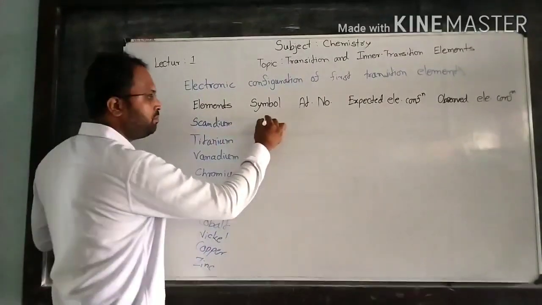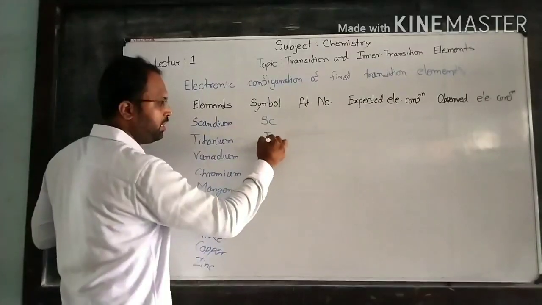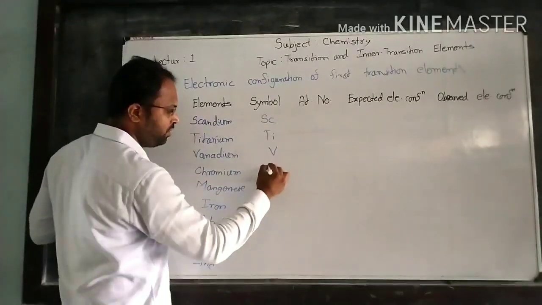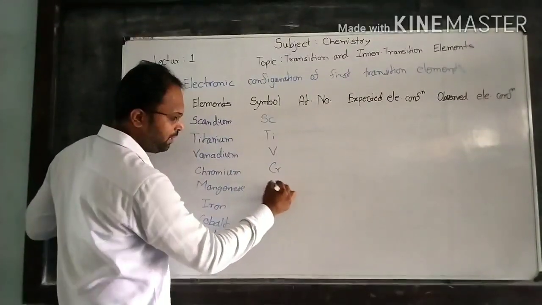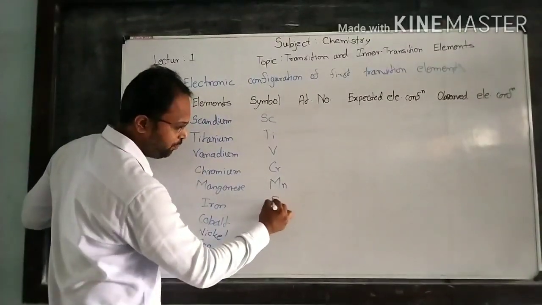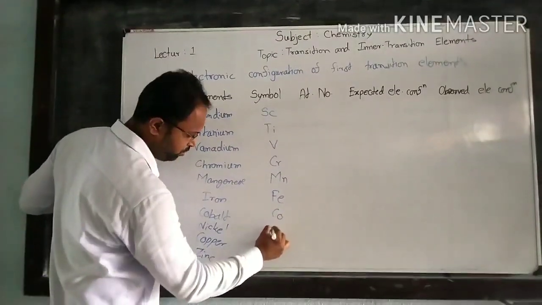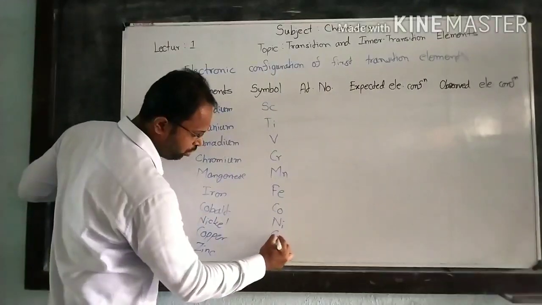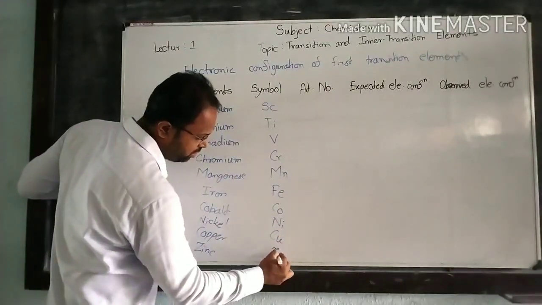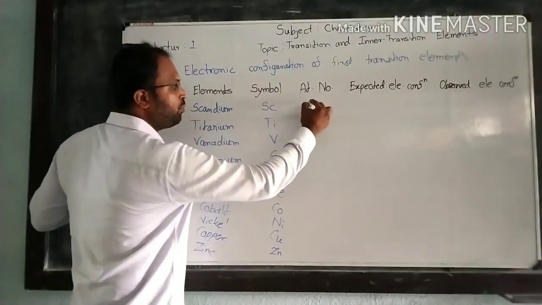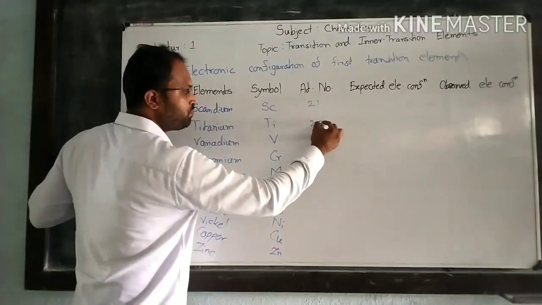The symbols are Sc, Ti, V, Cr, Mn, Fe, Co, Ni, Cu, Zn, with atomic numbers ranging from 21 to 30.